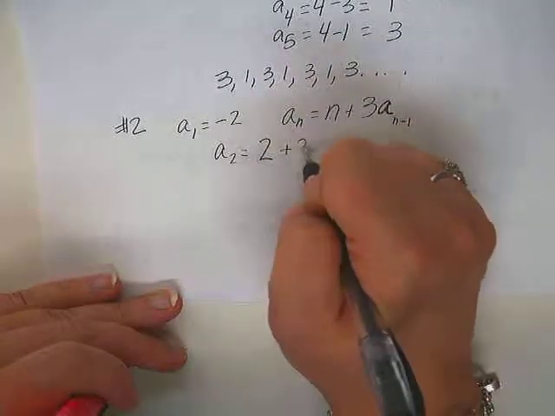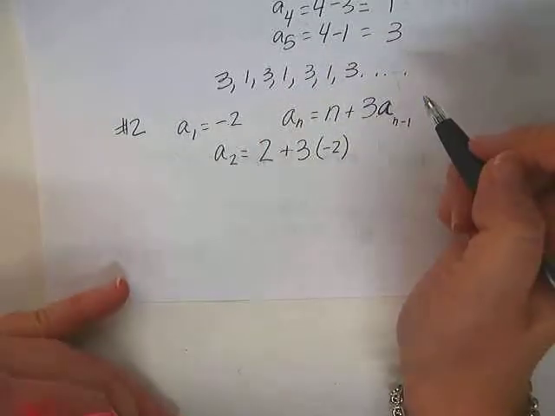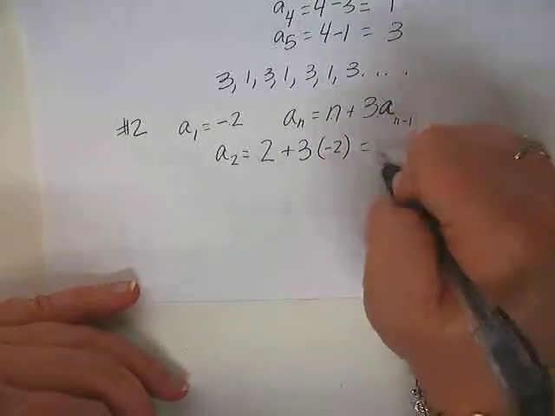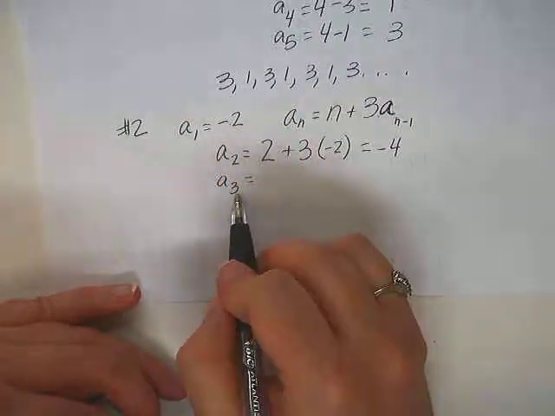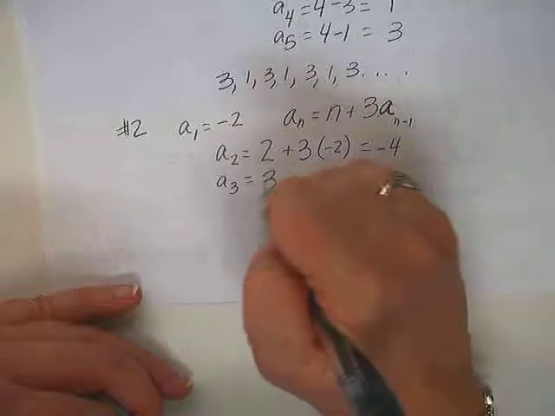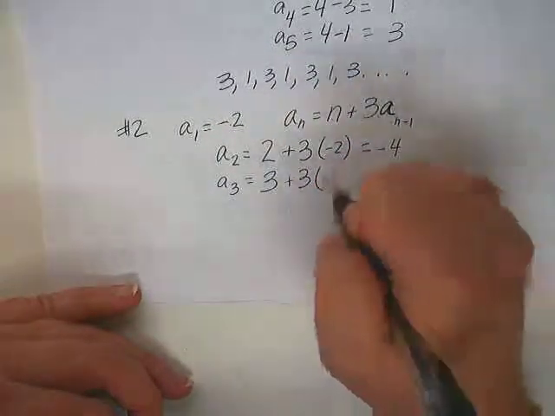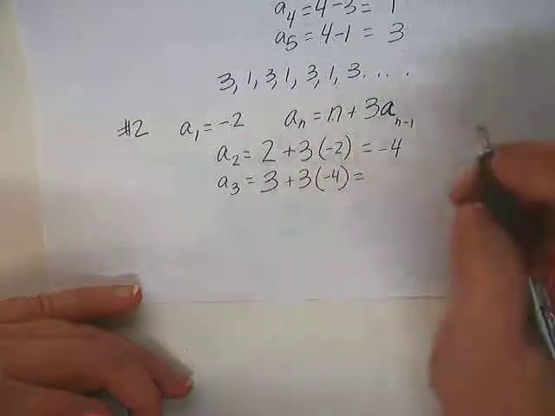So which item it is, which number it is in the sequence. We're using the actual n in the formula, which is a little bit strange.